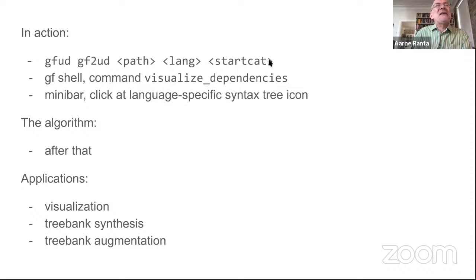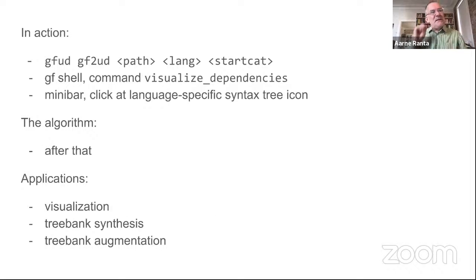But it is a further development of what is in the GF shell. I will not show more examples now, but go to the algorithms, and then to the other applications like visualization.